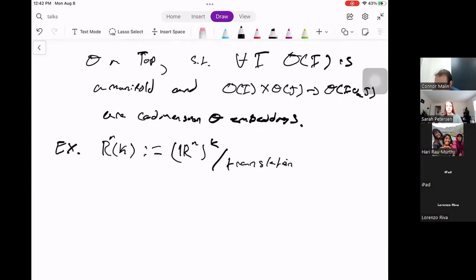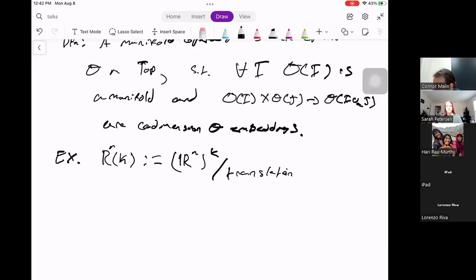Are these R^n's planes inside some bigger R something? I don't really understand the question. I guess no. What does it mean to mod out by translation?